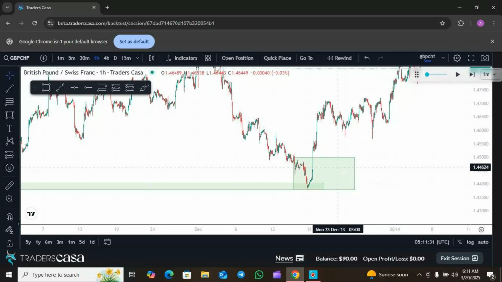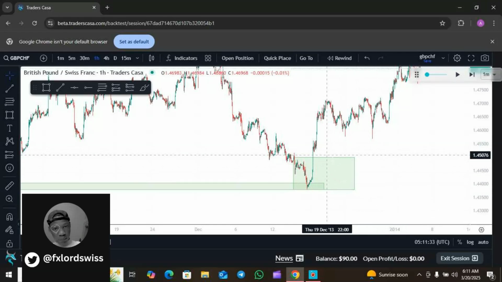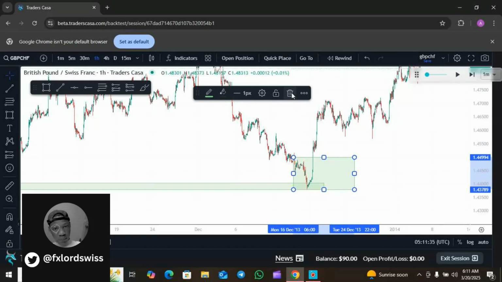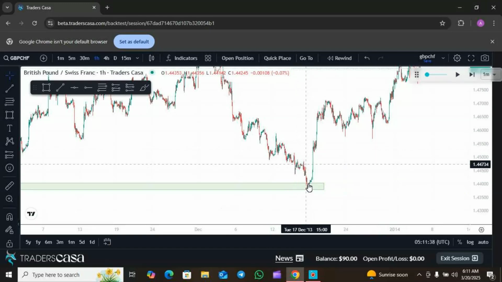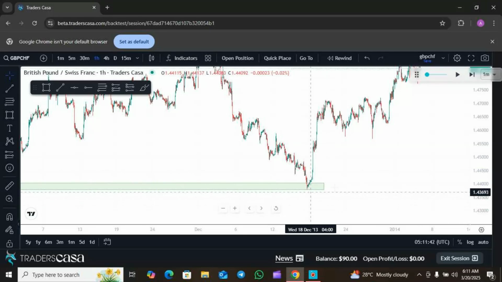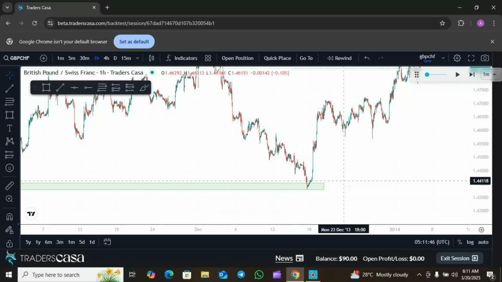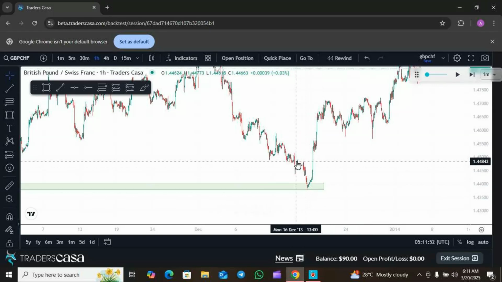If I want to trade this as a setup right now, I will wait for the liquidity build up to come and form before I can enter.